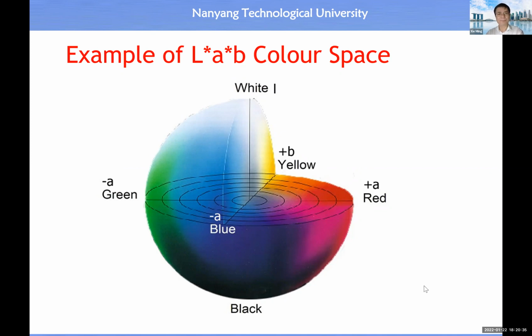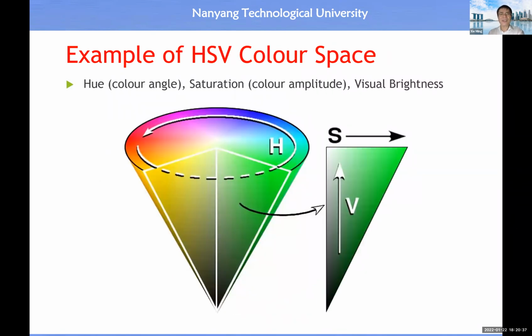Then HSV is useful for display visualization, right? Here H indicates the color angle. When H changes, the sensation of color changes: green, blue, red, something like that. Then S is saturation. That means how green the color is, how blue the color is, how red the color is.